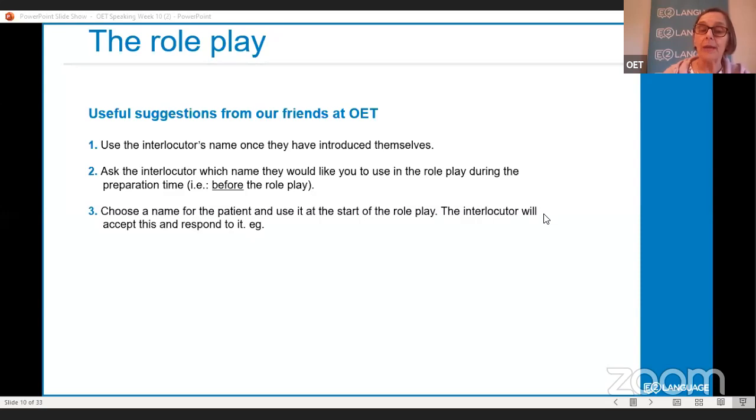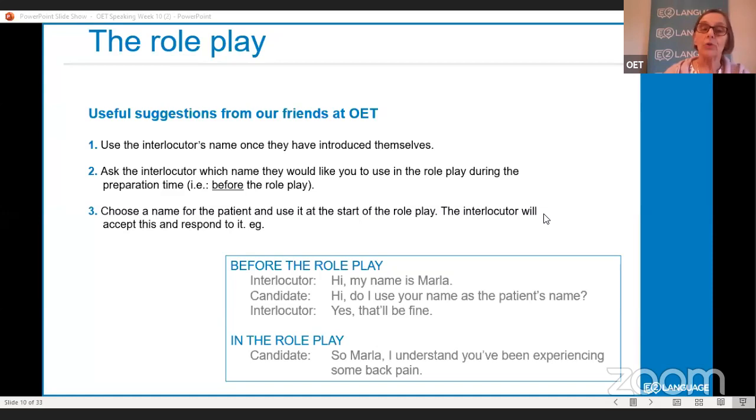Or you choose a name that you like, or that's easy for you to use for the patient. Tell the interlocutor that, and they will definitely respond to it. But you can also have a conversation such as, hi, this is the interlocutor speaking. My name is Marla. And you say, hi, do I use your name as the patient's name? Yes, that's fine. So in your role play, you will say, so Marla, I understand you've been experiencing some back pain.